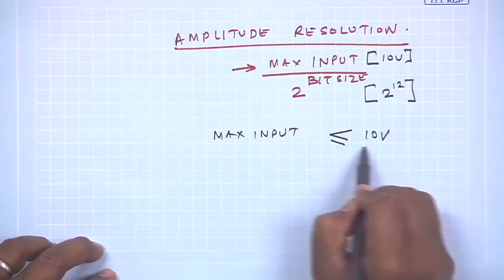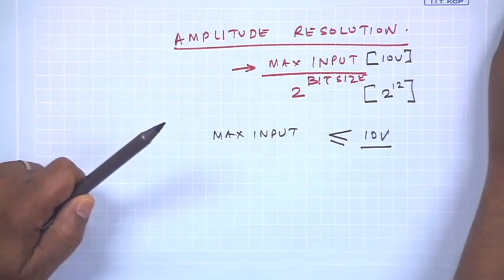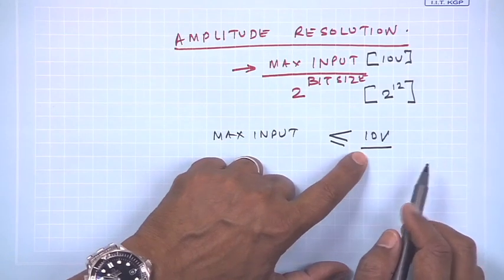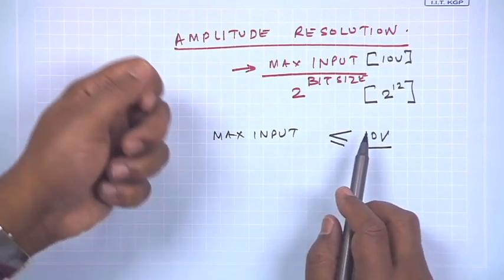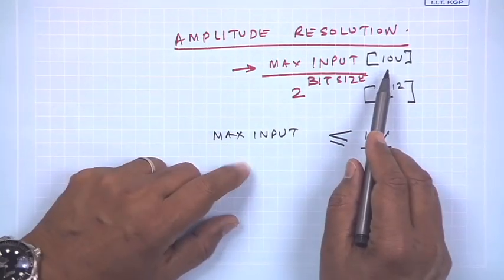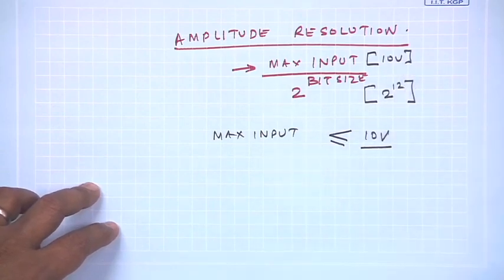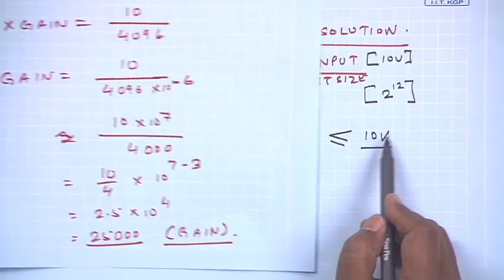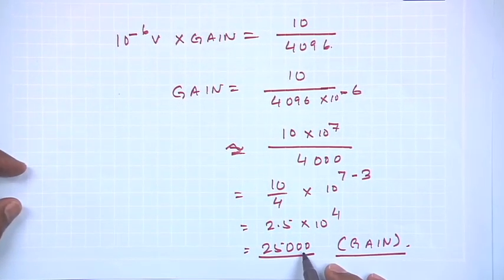In fact, there are data acquisition systems, when we are dealing with very small voltages, where there are methods by which you could reduce the input range to less than 10 volt, just by a potentiometer. Suppose I made it 1. If you go back to this numerical example, instead of the input range being 10, if I made it 1, your gain would have reduced by a factor of 10.